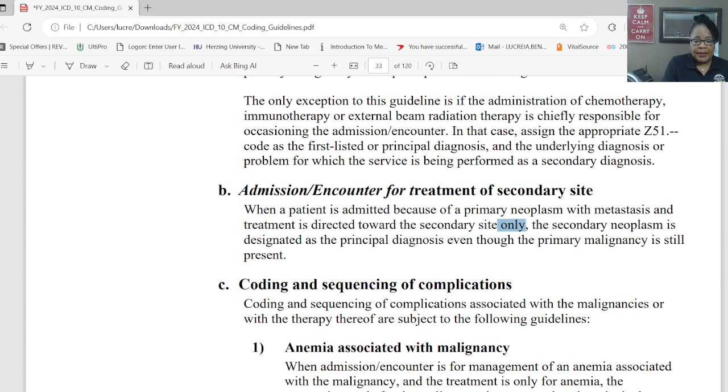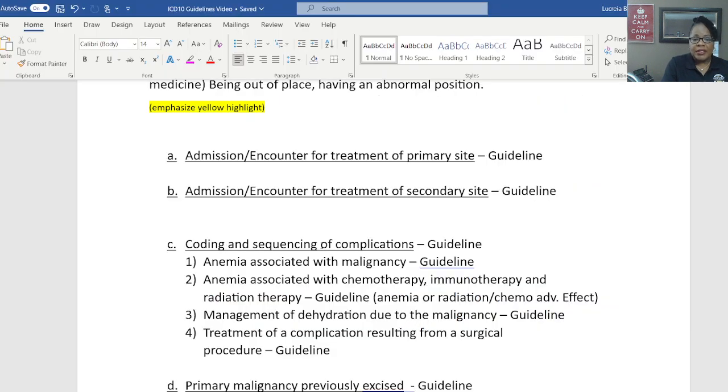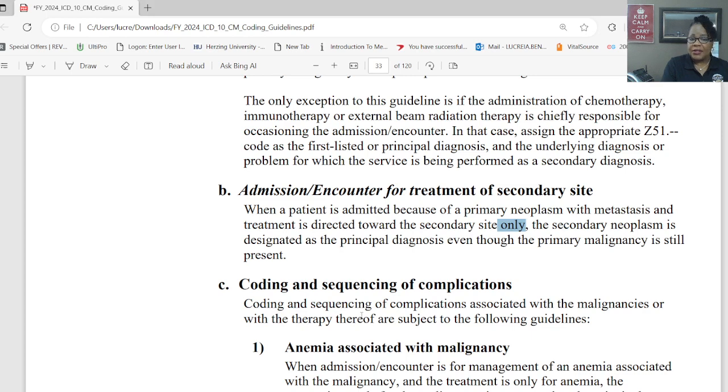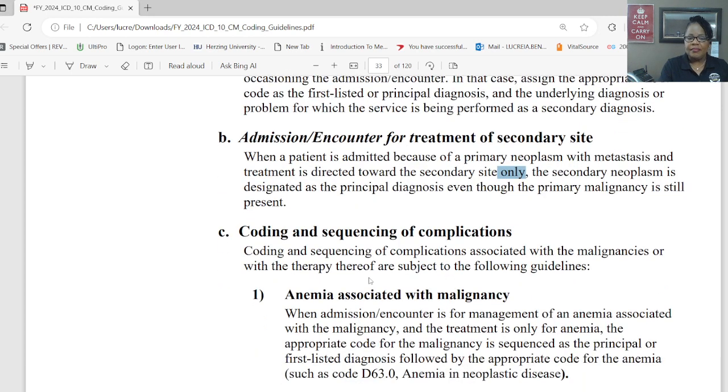Okay. All right, C, coding and sequencing of complications. Let's go to the guidelines. Now, these are complications. It says coding and sequencing of complications associated with the malignancies or with the therapy thereof are subject to the following guidelines.